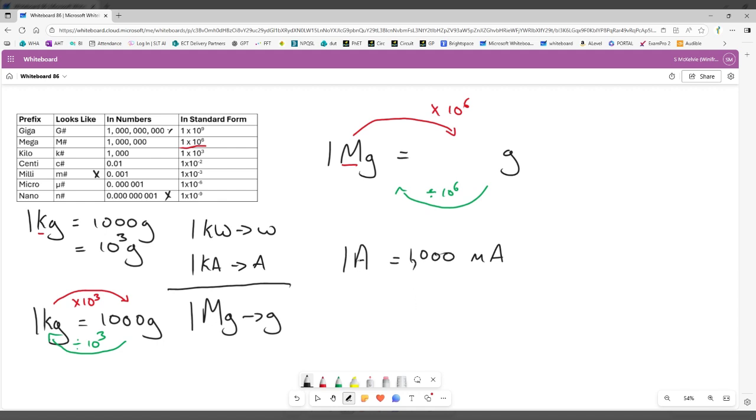But this can be a little bit confusing if we're given a milliamp. You can do this one of two ways. You can say that 1 amp is equal to 10 to the power of 3 milliamps, or you can multiply across by 10 to the negative 3. You will get the exact same answer both times.